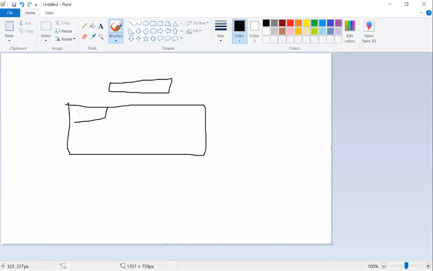Instead of having N plus here, you have P plus as a source and drain.